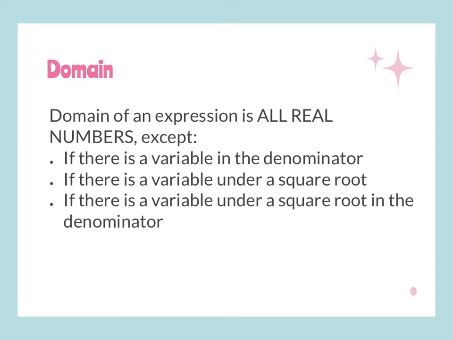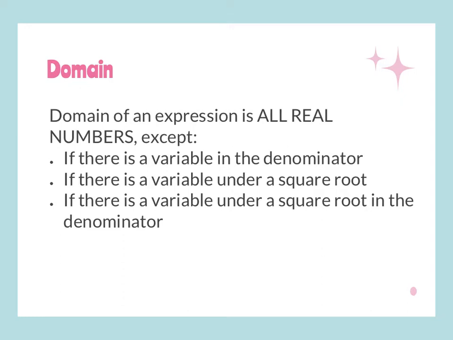The only time that we're going to see exceptions is if you have a fraction and there's a variable in the denominator. Then what we would have to do is try to figure out what numbers we would exclude that could possibly make that denominator a 0, because you never want a 0 in the bottom of your fraction.